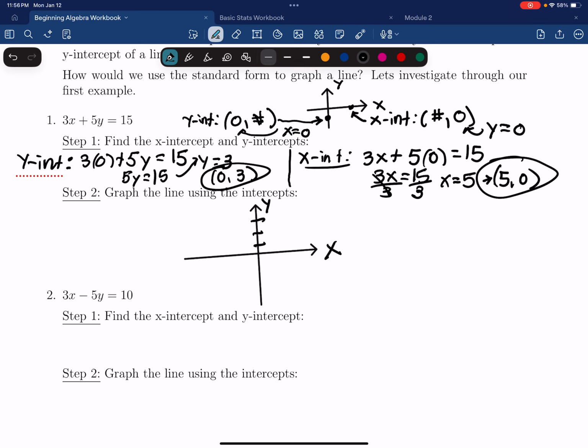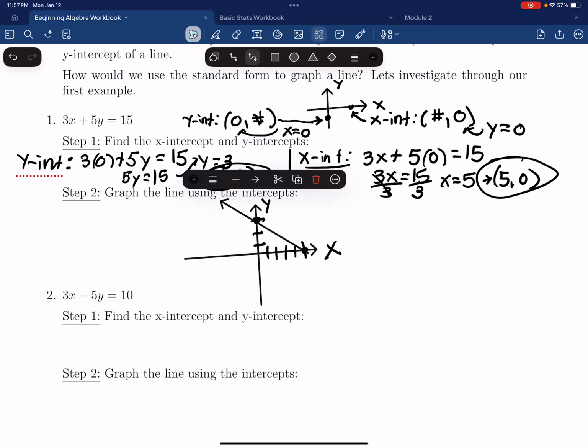And then our x-intercept is at the point (5, 0), so I'm going to do 5 dashes to the right. And just for timely sake, I'm just going to use those 2 points. Oops, that's a little bad. Use these 2 points and draw this linear equation.